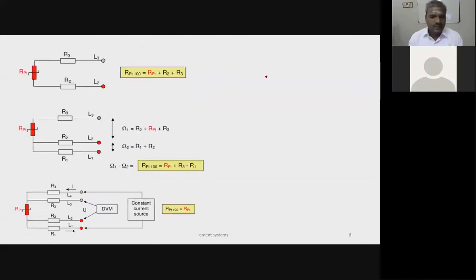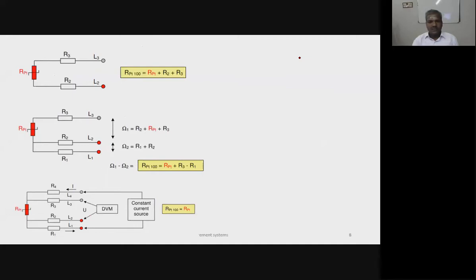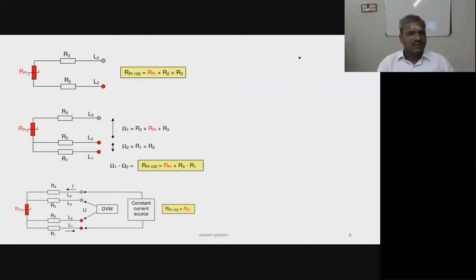Next, what are the different types of RTD available in industries based on wires: 2-wire RTD, 3-wire RTD, and 4-wire RTD. In a 2-wire RTD, this is the RTD element inside the sheath, and we take it out with the leads, so the lead resistance is also included.